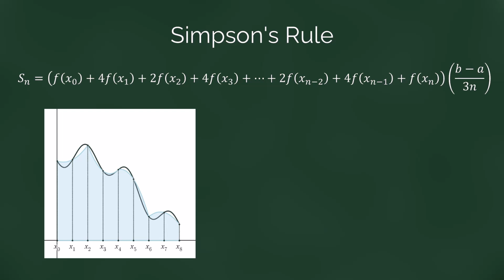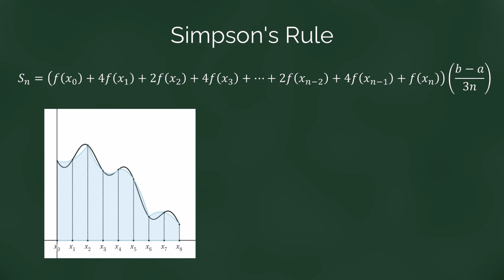So what we're going to do for Simpson's rule is add up f of x0, the height of our first subdivision. Then we're going to add in 4 times f of x1, and then 2 times f of x2. And then we're going to proceed in this 4-2 pattern up until we get to the very last point. We'll end with a 4, and then we'll have f of xn, where that's our last interval.